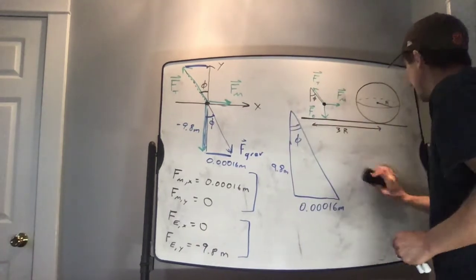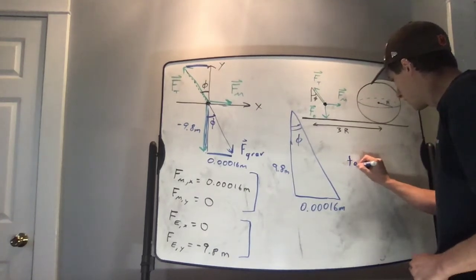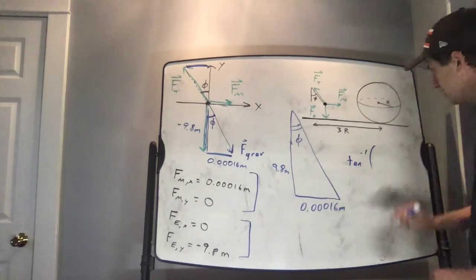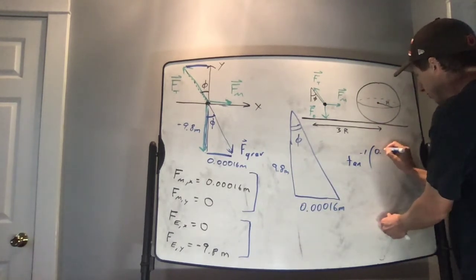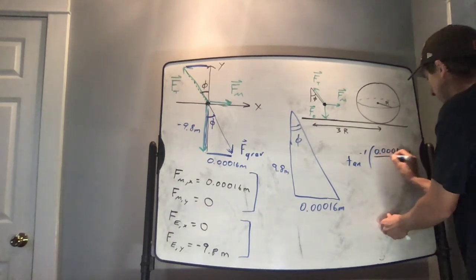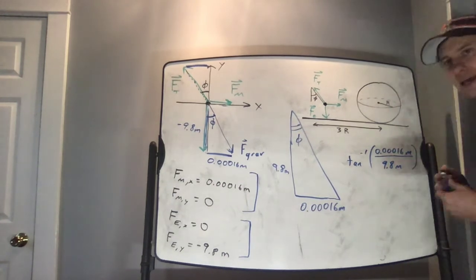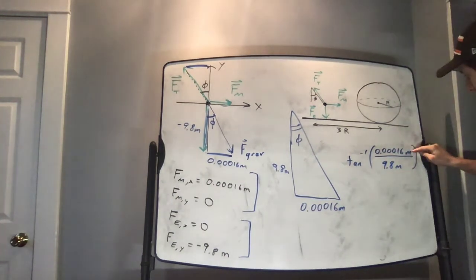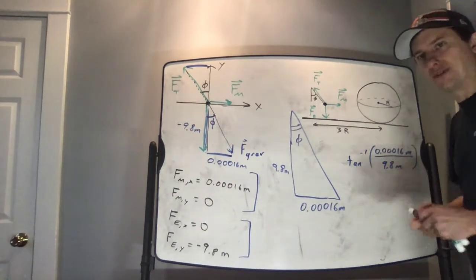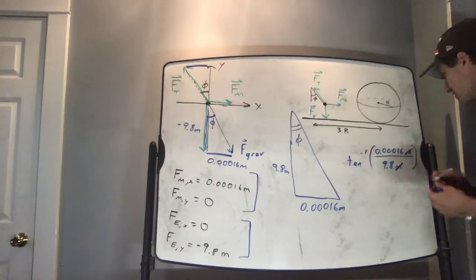So I could write that tan inverse of opposite over adjacent, 0.00016 m divided by 9.8 m. And look what happened. We have an m upstairs and downstairs. Even though we don't know the mass of the object that's hanging by the string, these masses still will cancel.